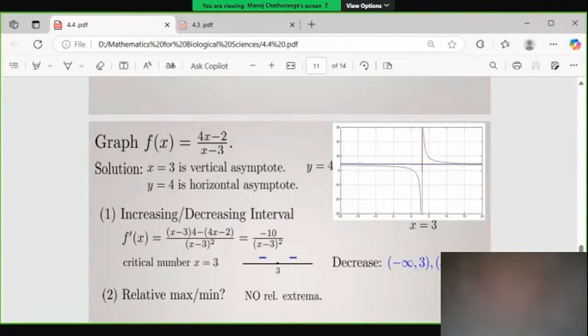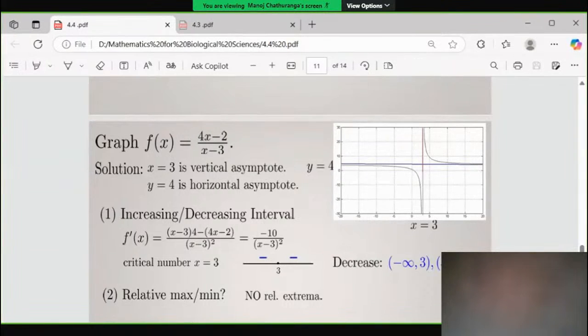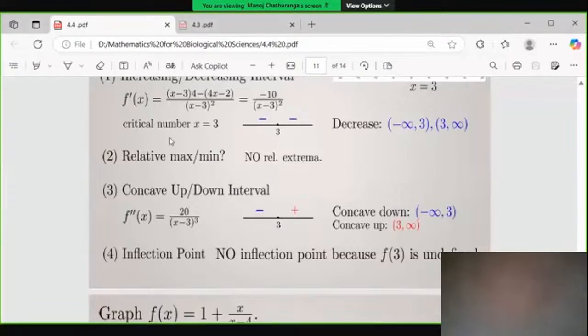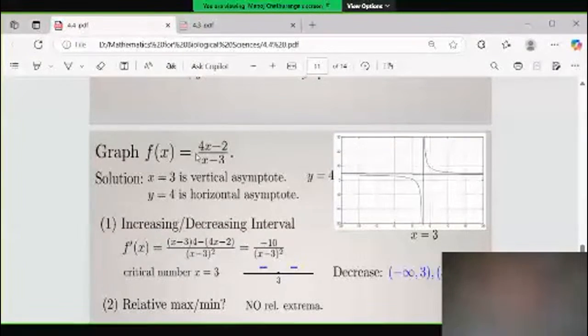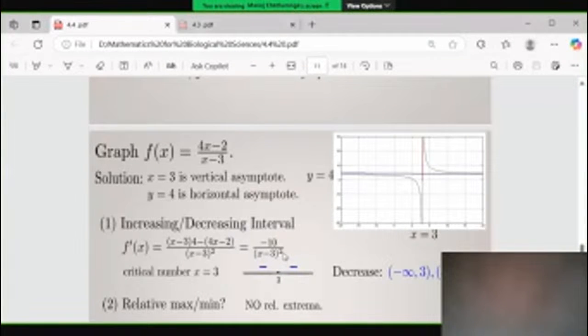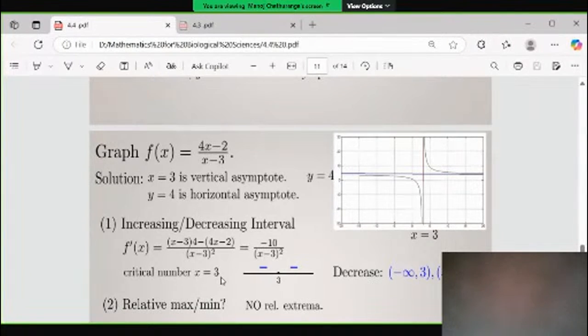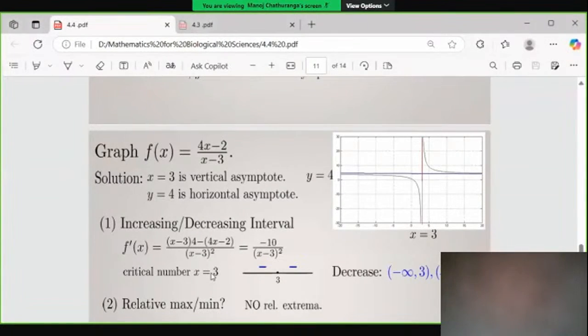You can analyze this function in detail by looking into its derivative and second derivative. If you differentiate this function using the quotient rule, you should get something like minus 10 over (x minus 3) squared. The function is undefined at 3, the derivative is undefined at 3, therefore 3 is a critical number for the function, but 3 is not in the domain of this function.